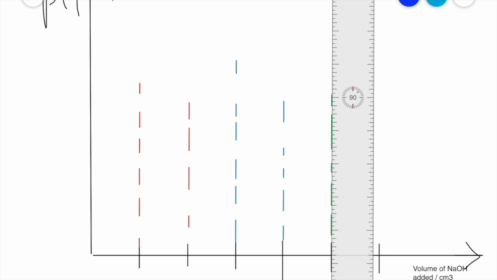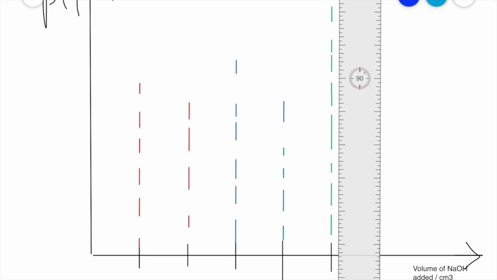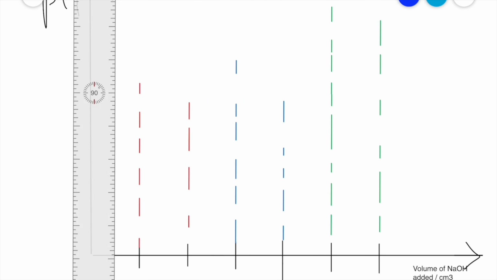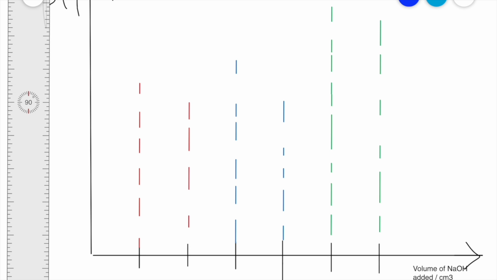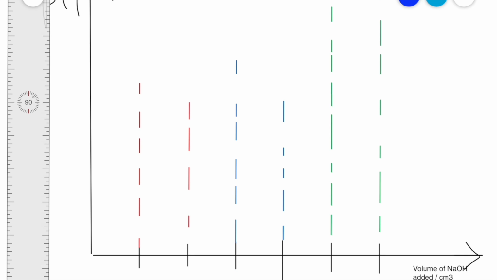You might want to make these last ones super high, so as you go towards the right, your dotted lines get progressively higher, obviously because your pH will increase as you add more base. Now that we have that, I'll leave the ruler aside. This is a weak acid, phosphoric acid, so I'm not going to start too low.